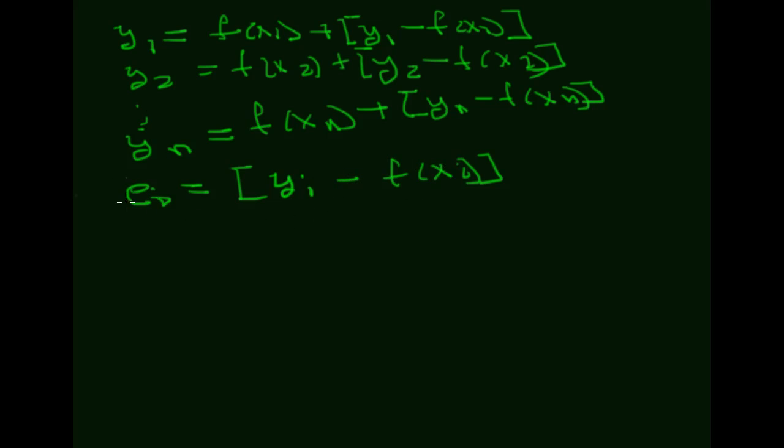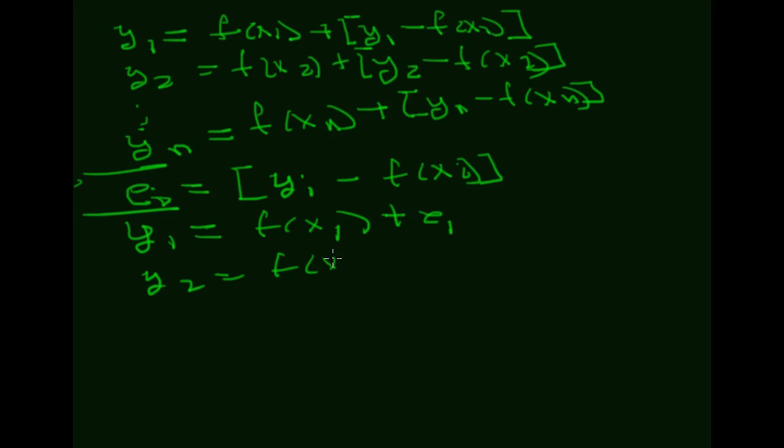If I rewrite this, I get y1 is f(x1) plus e1, y2 should be f(x2) plus e2, all the way down to yn is f(xn) plus en.